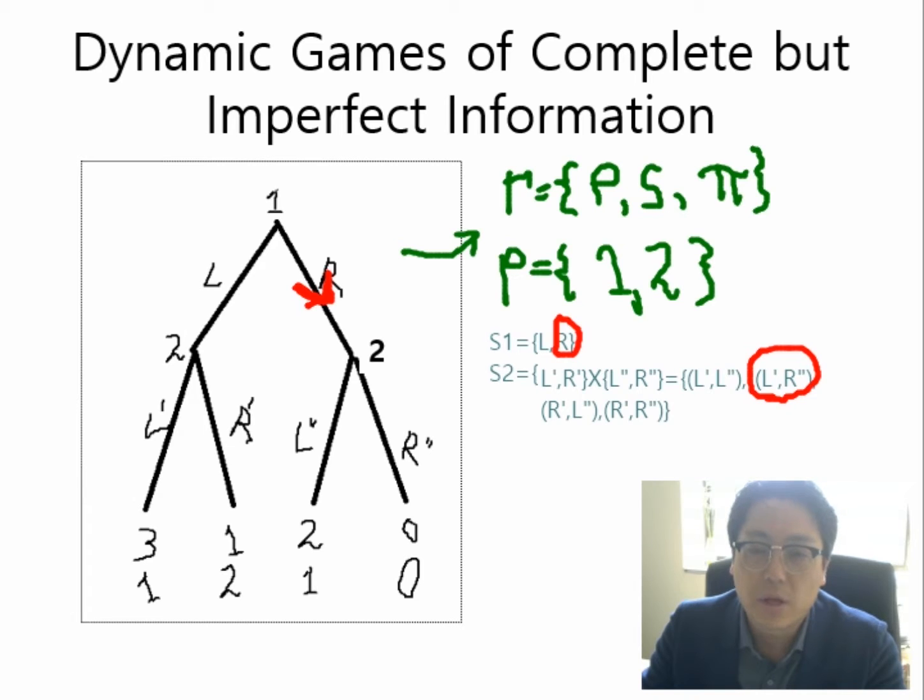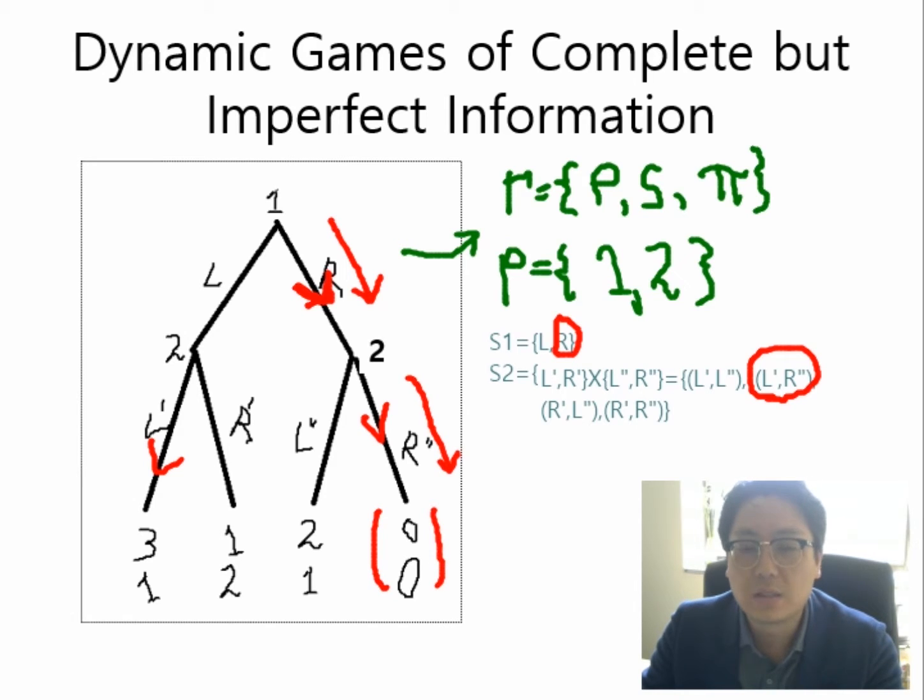And the second player will choose L prime here if this node is reached. And if this node is reached, then the second player will choose R double prime. So that is the strategy. And once the game is started, because this player will choose R, the game is passing this path, and at this node, because the second player will play R double prime, this game is choosing this path. So at the end of the day, they will receive these payoffs.